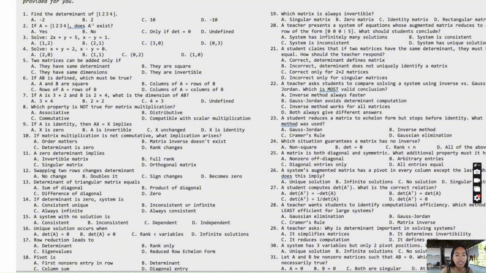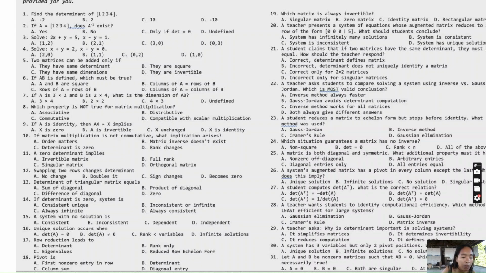Because matrix multiplication is generally not commutative. That means AB is not equal to BA. So if we change the order of multiplication, the answer can also change. This means we must be very careful when multiplying matrices because order matters. So the correct answer is letter A.